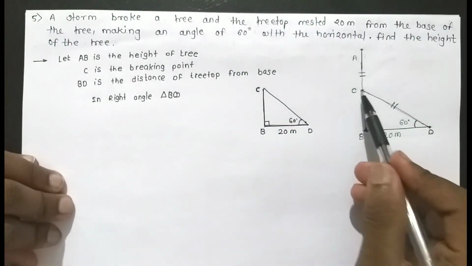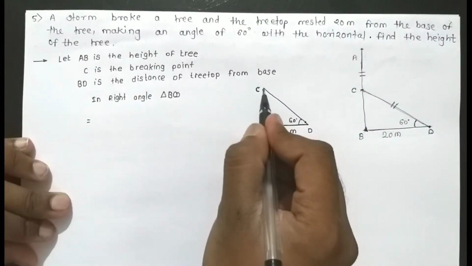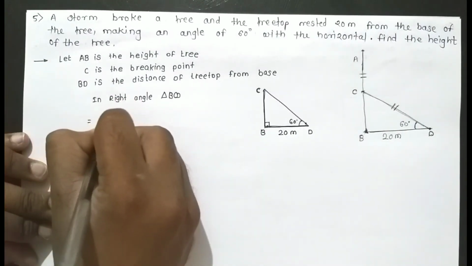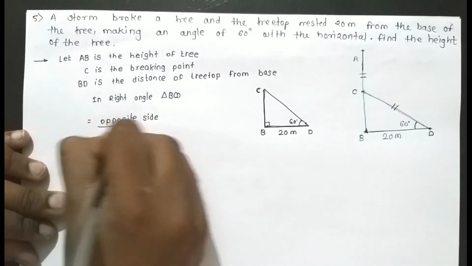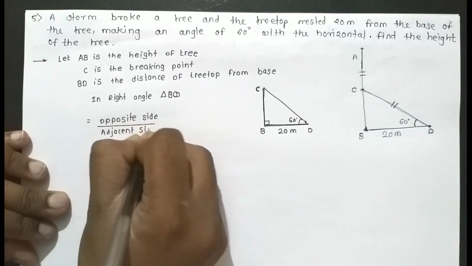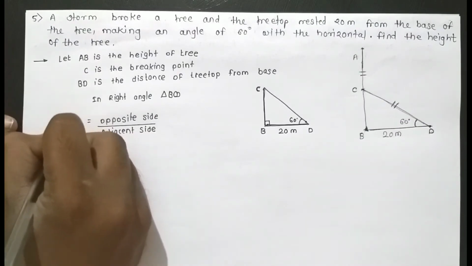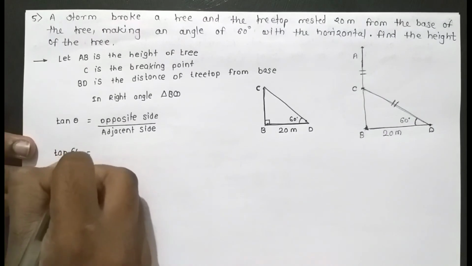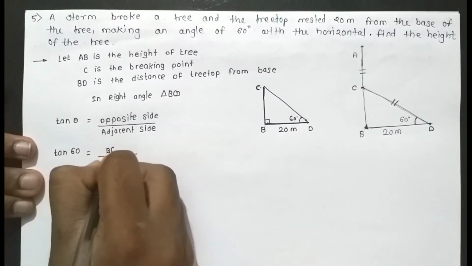So first we find CB. So I write opposite side upon adjacent side. The ratio is tan theta. The value for theta is 60 degree. So tan 60. Opposite side is BC, adjacent side is BD.